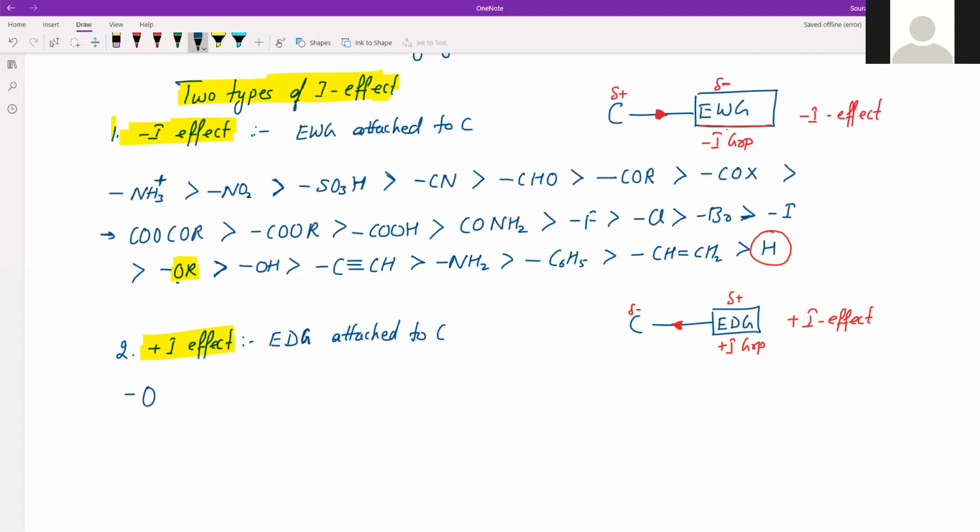So first, the example itself which we have seen, that is O negative, that will have the highest, and after that there is COO negative if somehow you get this group, or CH3 thrice, or alkyl groups basically, which try to repel electrons.